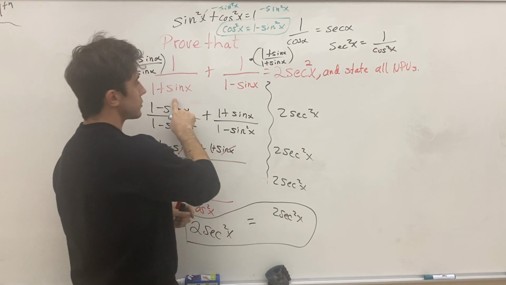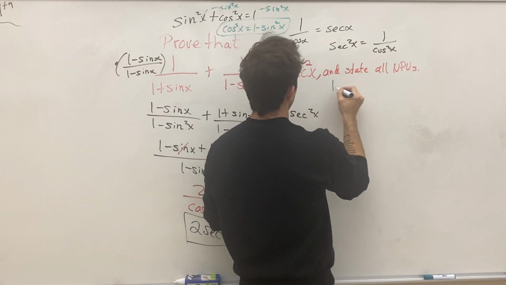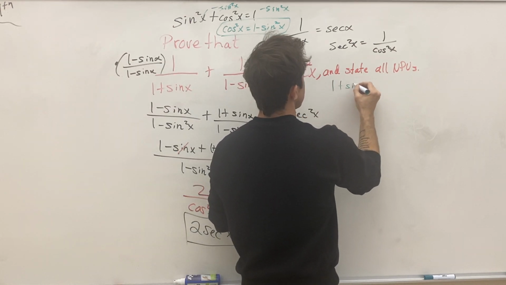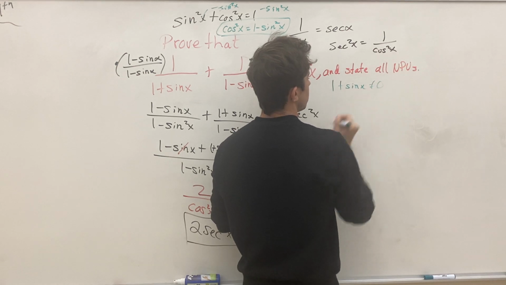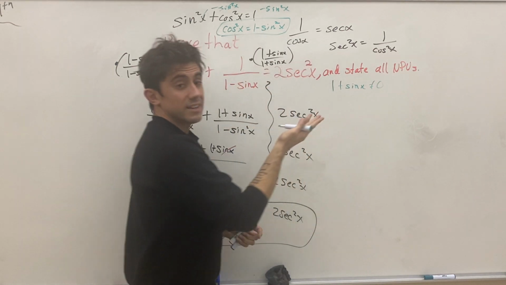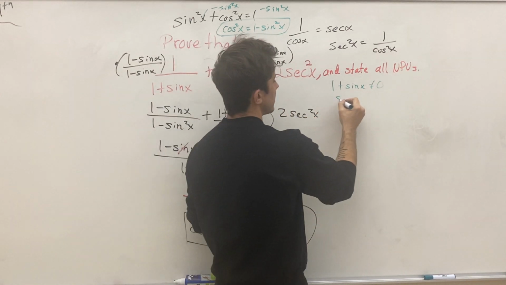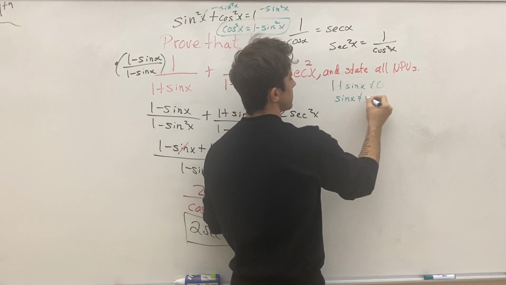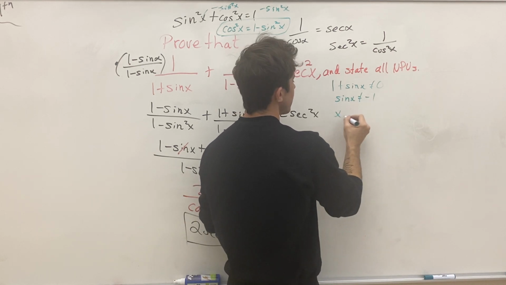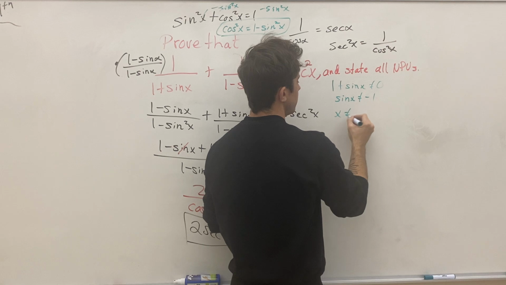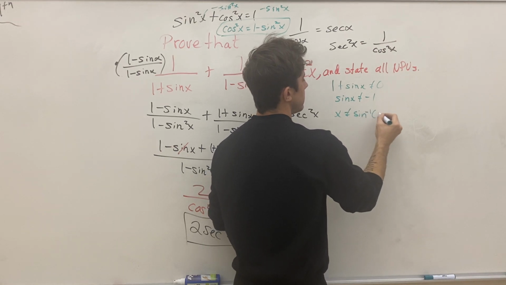So from the first term, we need 1 plus sine x to not equal 0, right? And again, just doing a tiny bit of algebra here, that means that sine x cannot be equal to negative 1, which means that x cannot be equal to the inverse sine of negative 1.